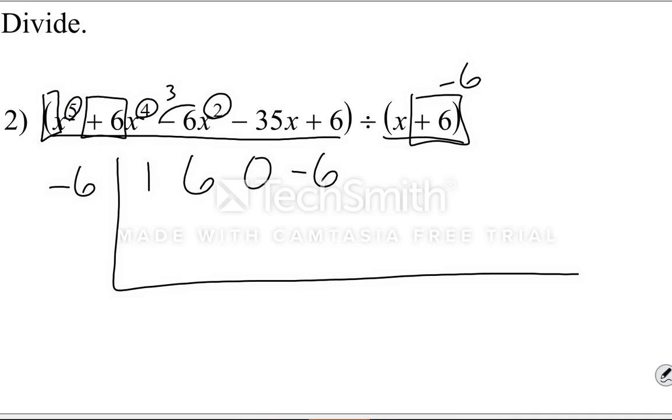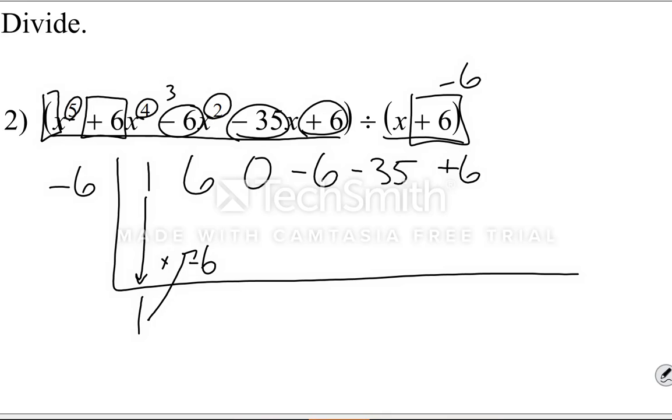Then I continue. Negative 6 for here, negative 35, and then a positive 6. And now I continue as I did before. I'm going to drop. I'm going to multiply. That's negative 6. I'm going to add. That's 0. I'm going to multiply. That's 0.